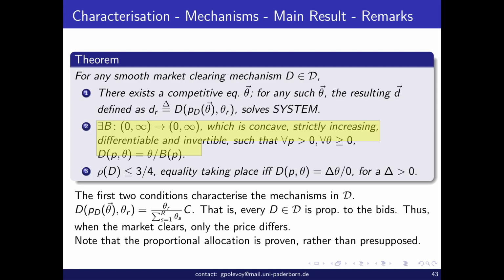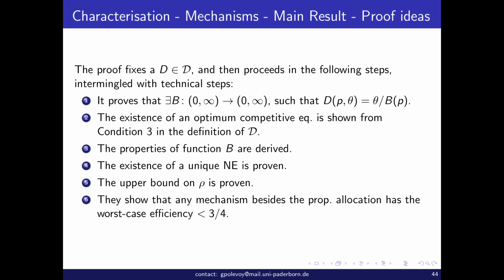That's one of the ways we started. But here we just proved that it's proportional. So we didn't know that, but we now prove that any mechanism from this class D yields a proportional allocation. That's a cool thing with characterization. Another cool thing is that our mechanism is exactly the best one from the point of view of the proportional one. The inverse of the price of anarchy, rho, is the best. Okay, so now let's prove the theorem.